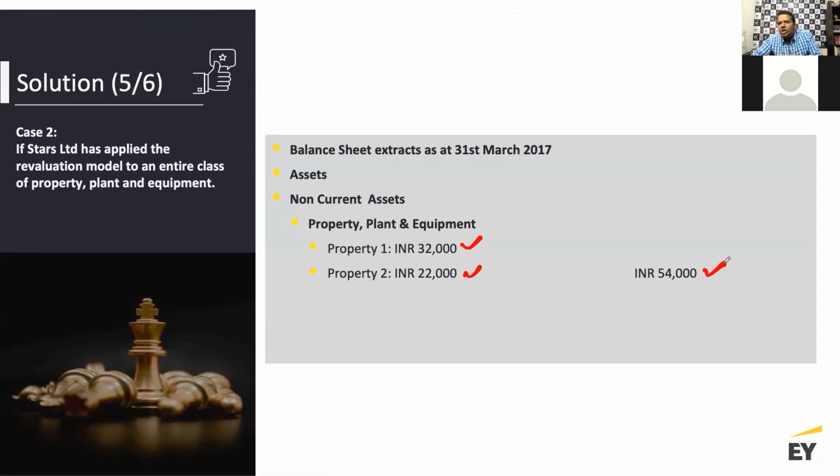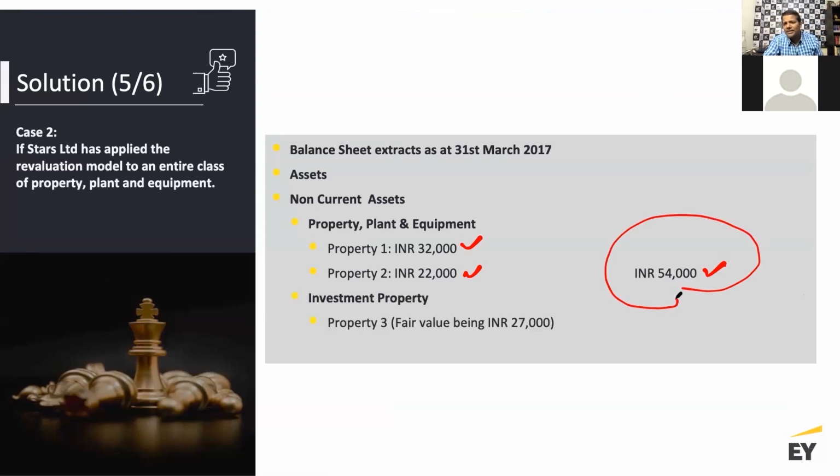Now my depreciation cost will change for the subsequent year, because in the subsequent year my base will become 54,000 for me to determine the depreciation charge. In my investment property, there's no change here, right? Why? Because I am not allowed to do the revaluation model for my investment property. It has to always be on a historical cost basis.